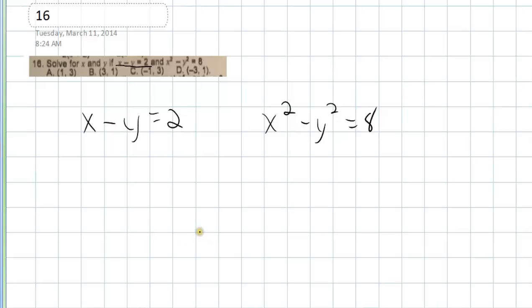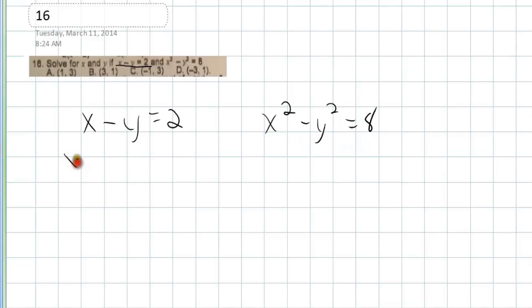It takes some practice, but you'll eventually notice it. We can use substitution: solve for one of these variables and plug it in over here, and then solve for one variable instead of two in this equation.